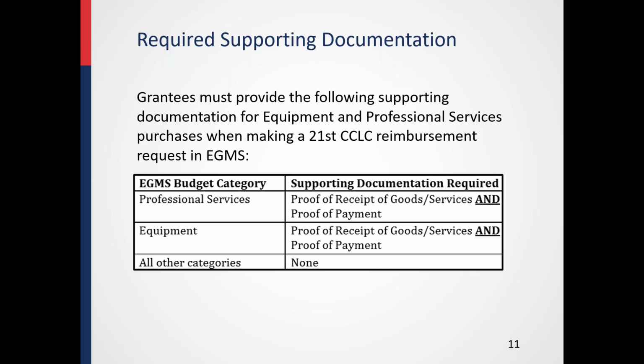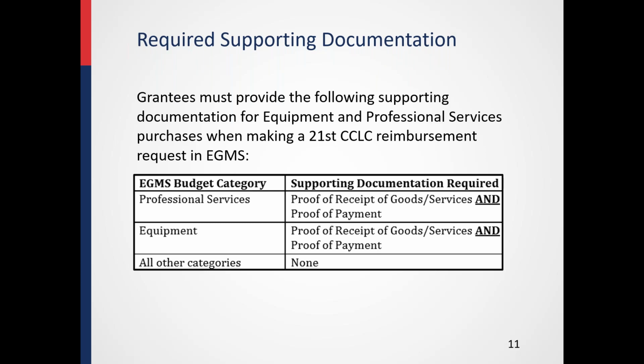So for required supporting documentation when you're doing your initial submission of your reimbursement request, grantees must provide the following for the equipment and the professional services categories. So any purchases under those budget categories. When you're making the initial request in EGMS, for professional services, you need to have a proof of receipt of the goods or services and a proof of payment.